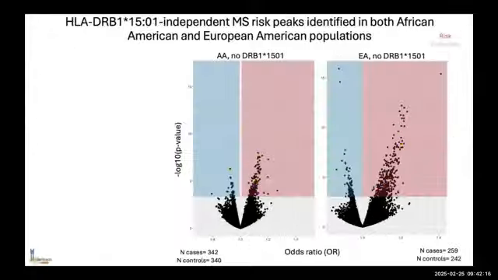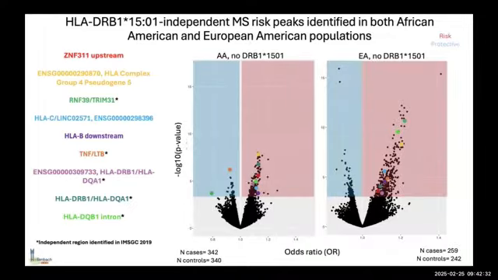And so now looking at just the populations of individuals lacking 1501, if we focus in on these and try to look at the genomic regions where the signal is coming from, we can identify sets of shared variation or shared MS signal between the African American and the European population.